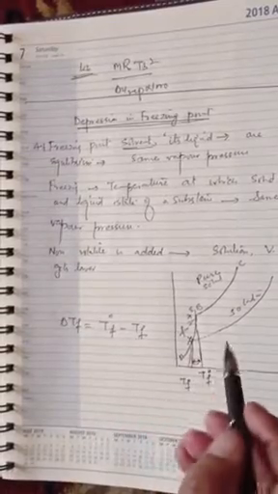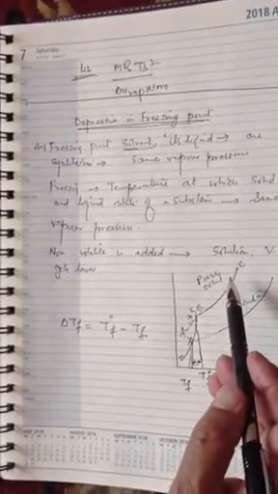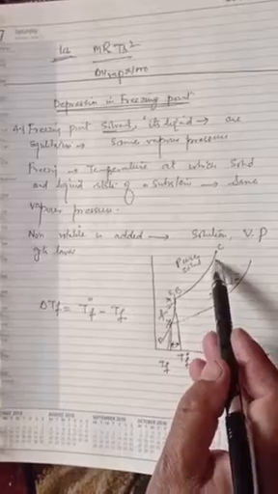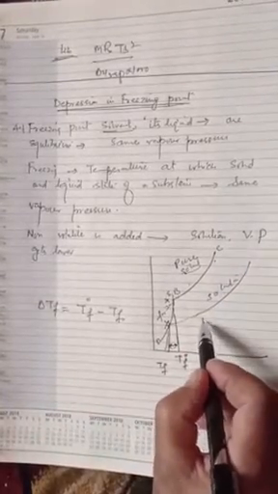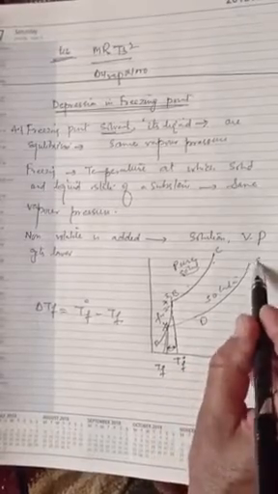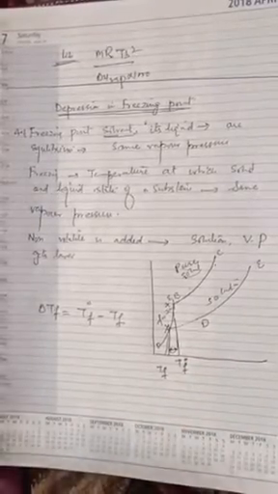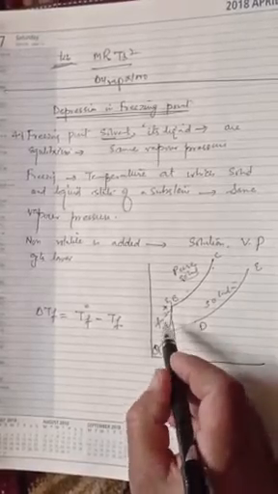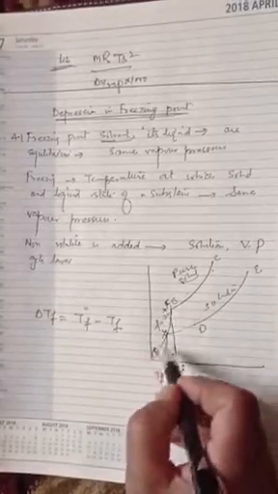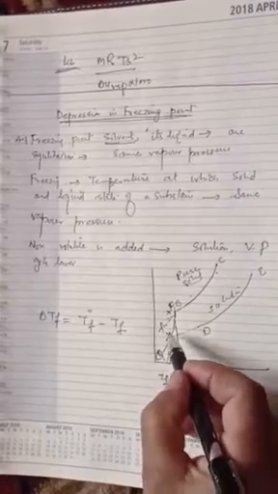This will be explained graphically. This is the vapor pressure curve of the pure solvent. BC is the vapor pressure curve of the pure solvent, and this is the vapor pressure curve of the solution.